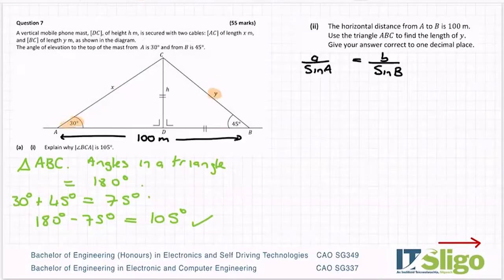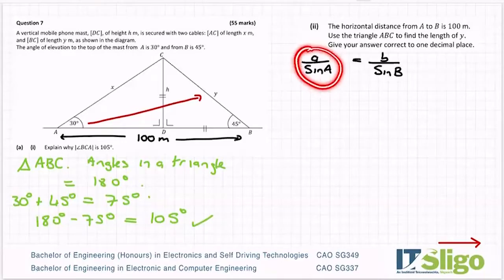So the sine rule is all about sides and the angles across from them, okay? The pair in question here is y, and the angle across from it, 30 degrees. It's why you will always see me doing something like this for the sine rule, because that's the pair that I'm going to take. It's all about pairs.